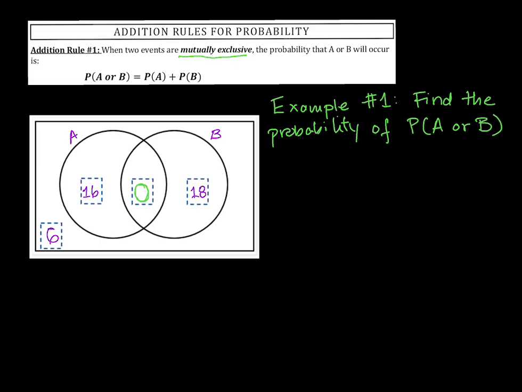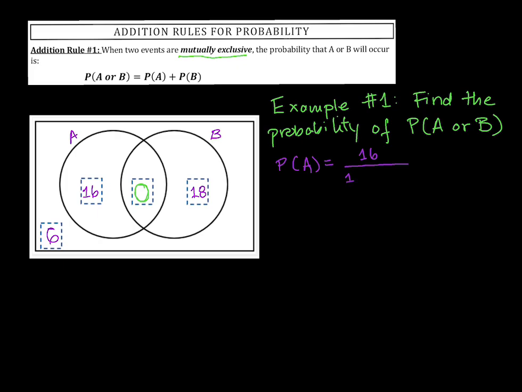So here we can write out what the probability of each event is. The probability of A, remember, the theoretical probability is the number of outcomes in that event out of the total number of outcomes.